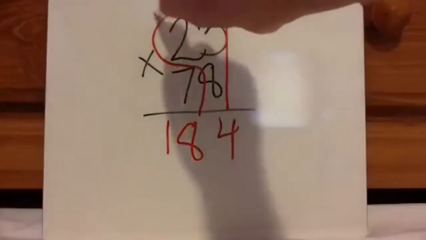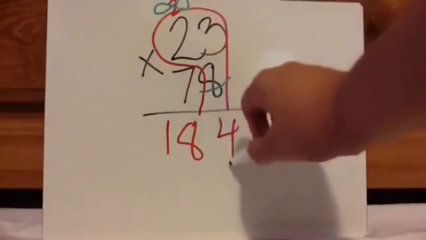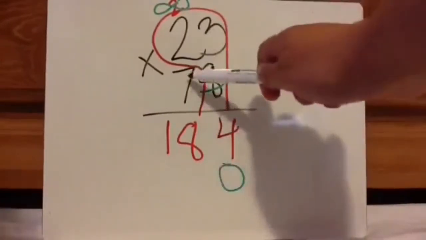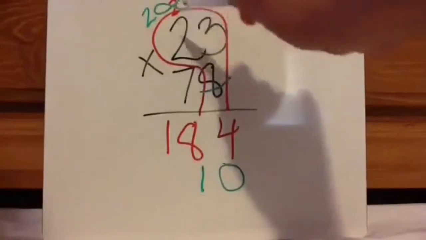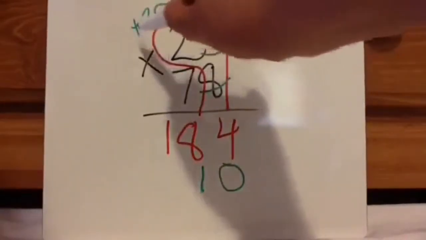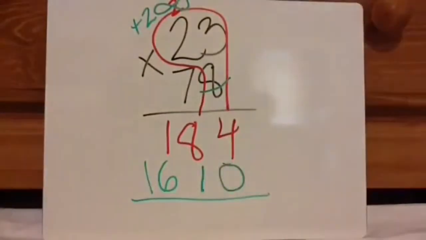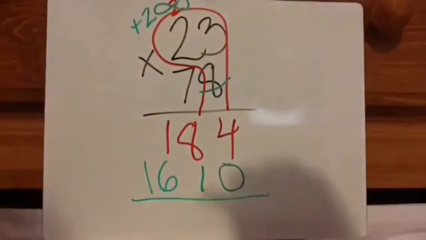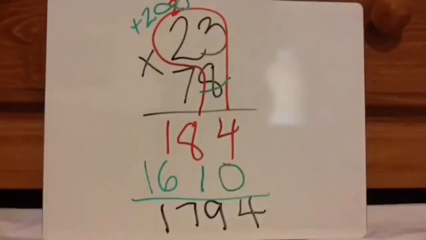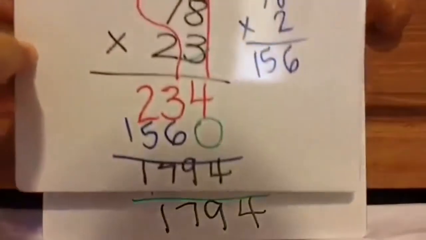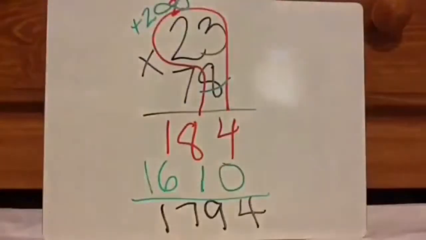Step 2, bow tie, collar, lay an egg. 7 times 3 is 21. 7 times 2 is 14, plus 2 is 16. Step 4 is add it all together. 1,794. That's what I got here, so I know I did it correctly.